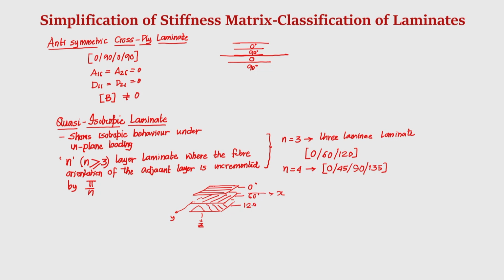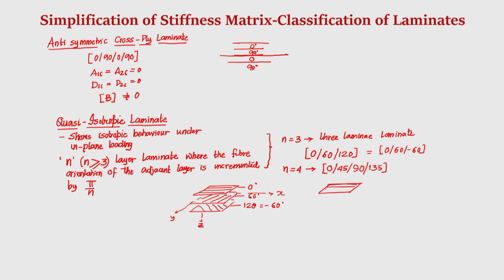Now you can clearly see this 120 is nothing but minus 60 with respect to xy. So this could be written as 0, 60, minus 60.